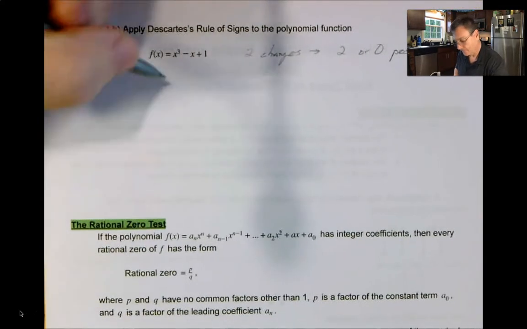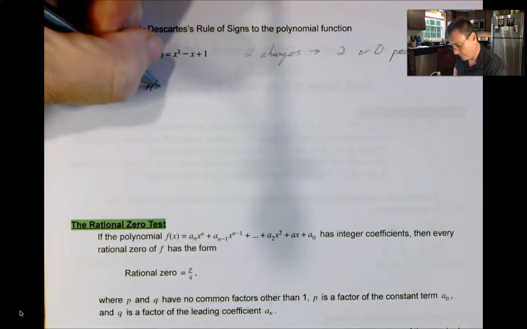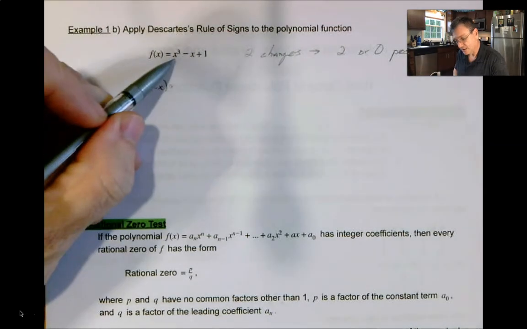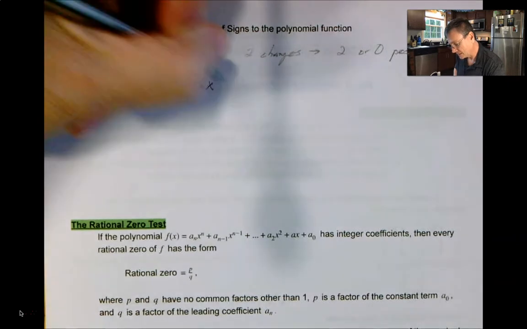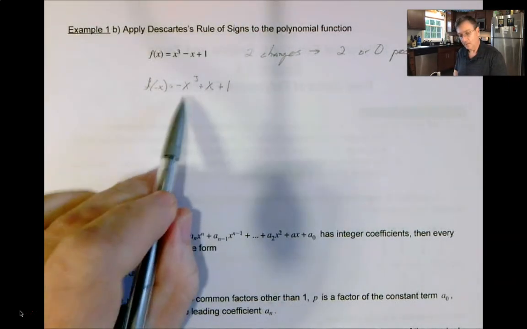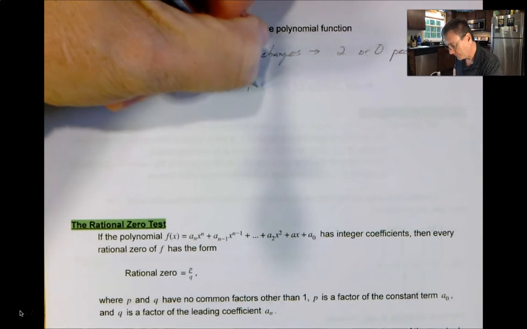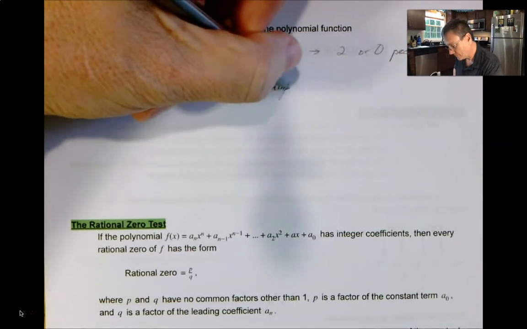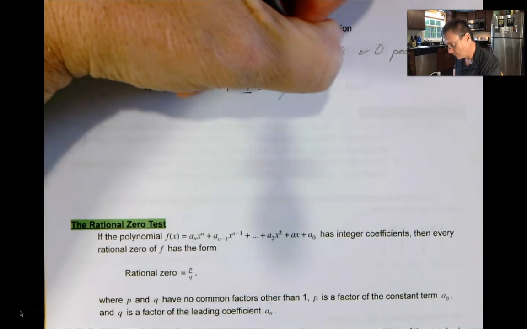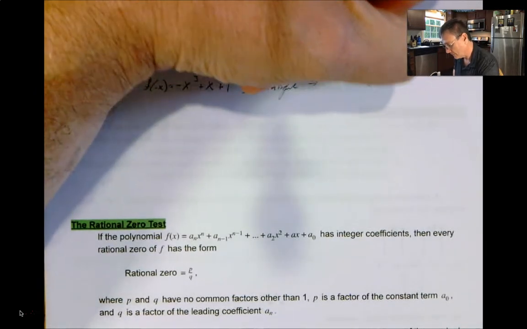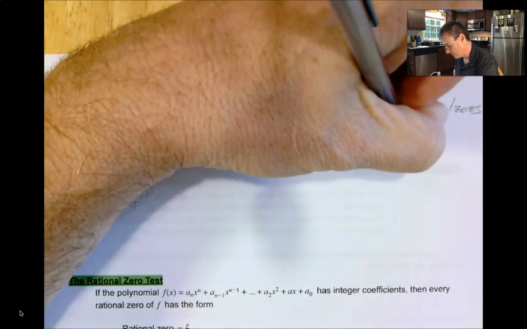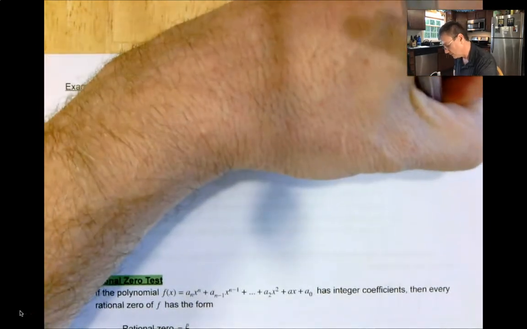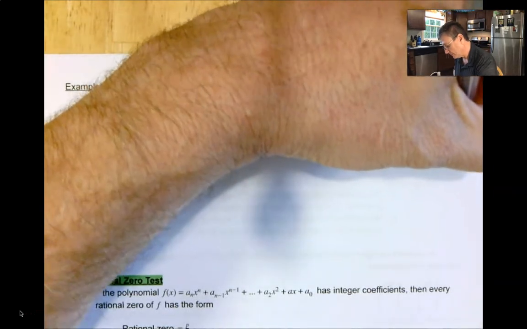And take a look at f of negative x. The odd powers change, so that becomes negative x cubed plus x plus 1. One change. Therefore, we have 1 negative real zero.